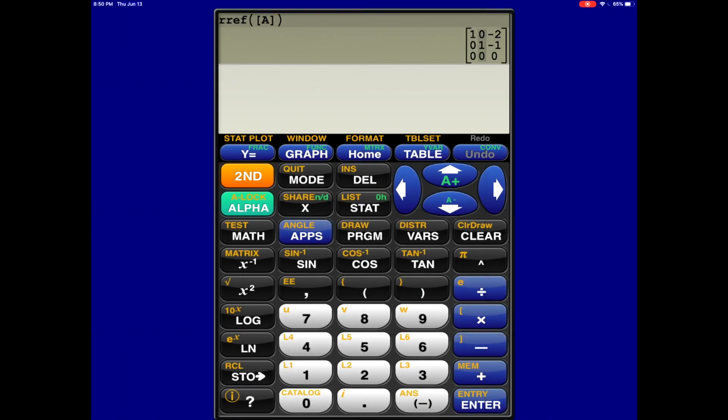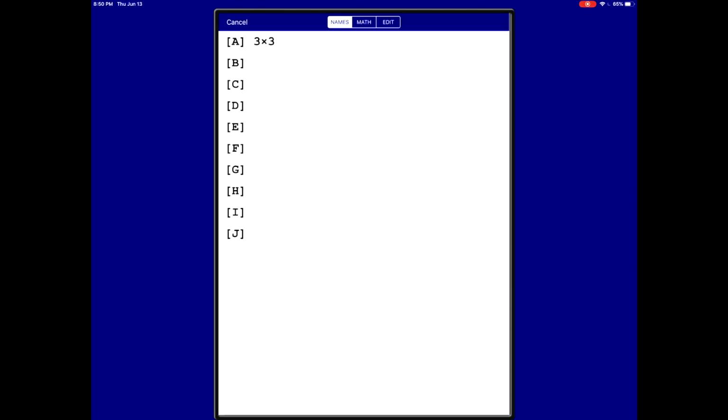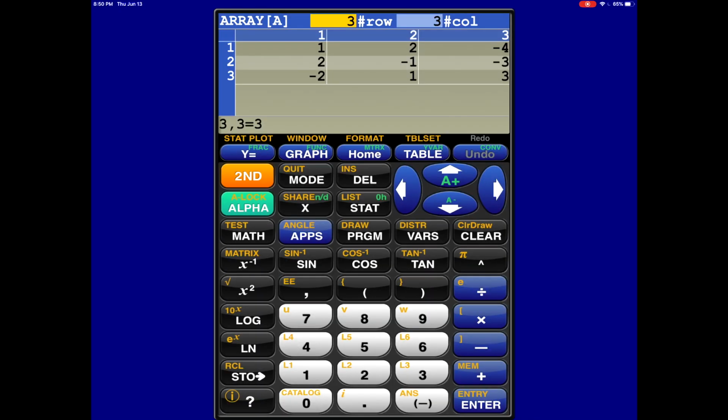So if we go ahead and put this in, we'll have a second matrix. I'll edit matrix A. And what are we going to have? We're going to have a 3 by 3 again.